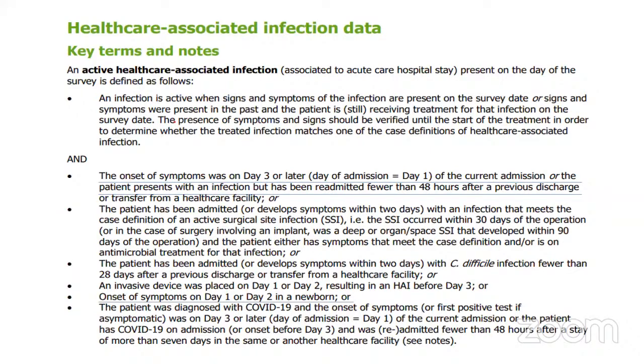What I want to highlight here, looking at the underlined sentences, is that the onset of symptoms was on day 3 or later of the current admission, or the patient presents with an infection but has been readmitted fewer than 48 hours after a previous discharge or transfer from a healthcare facility.